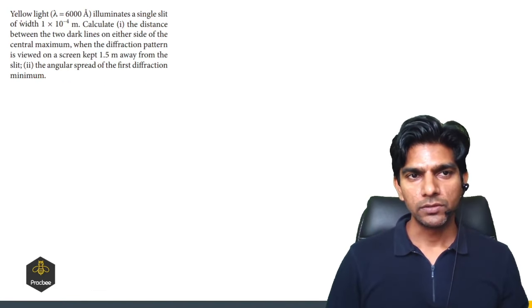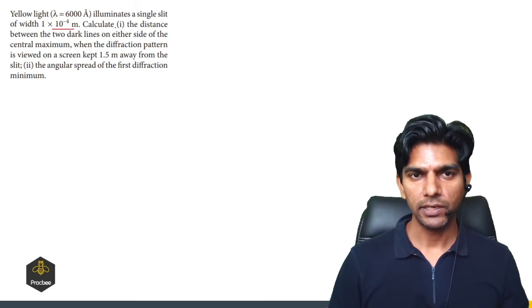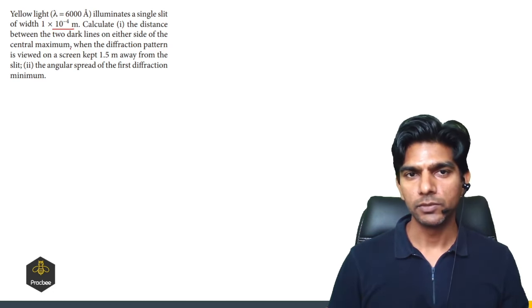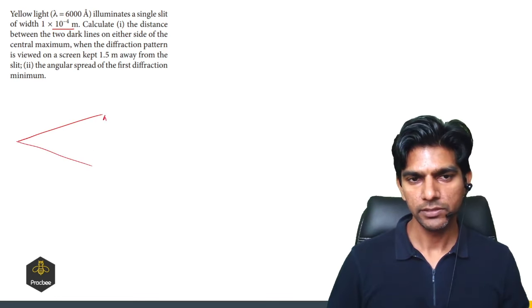Let us see the next question. A yellow light of 6000 angstrom illuminates a single slit of width 10 raised to power minus 4 meter. Calculate the distance between the two dark lines on either side of the central maxima. So we have to find this distance, where this angle is theta. Now what is sine theta?